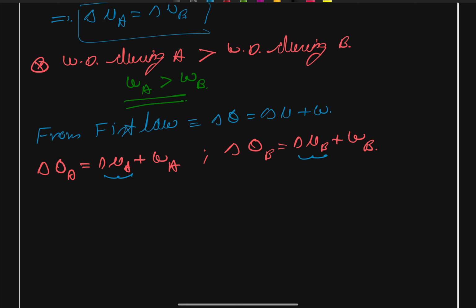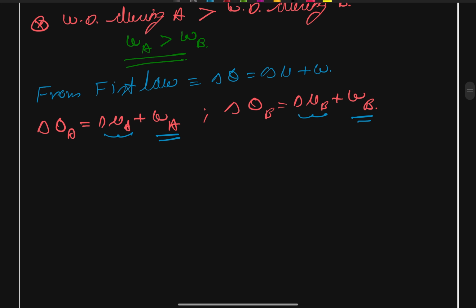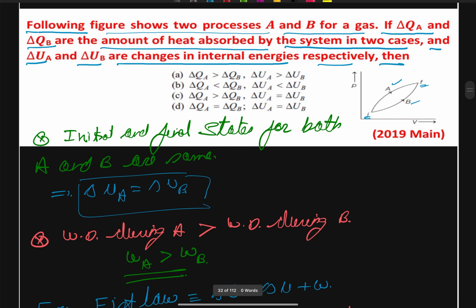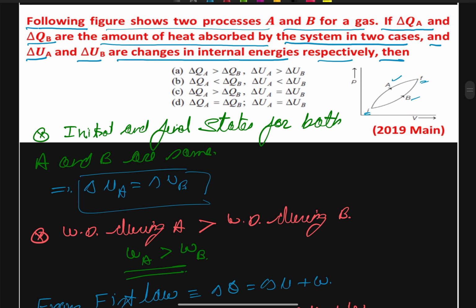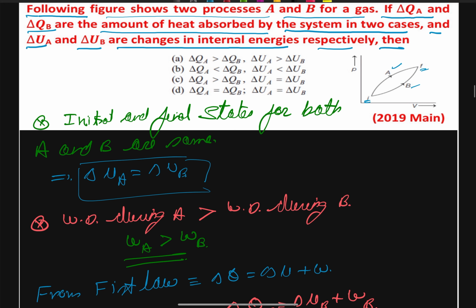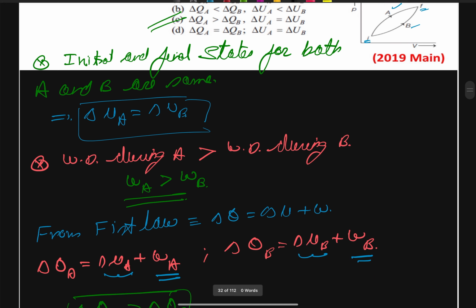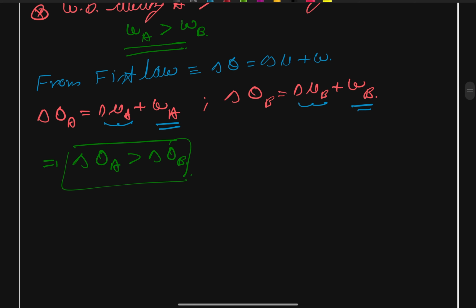Secondly, our WA is greater than WB. Thus we can write that our heat for A will be greater than the heat for B. So internal energy is same, and okay, so option C is correct.